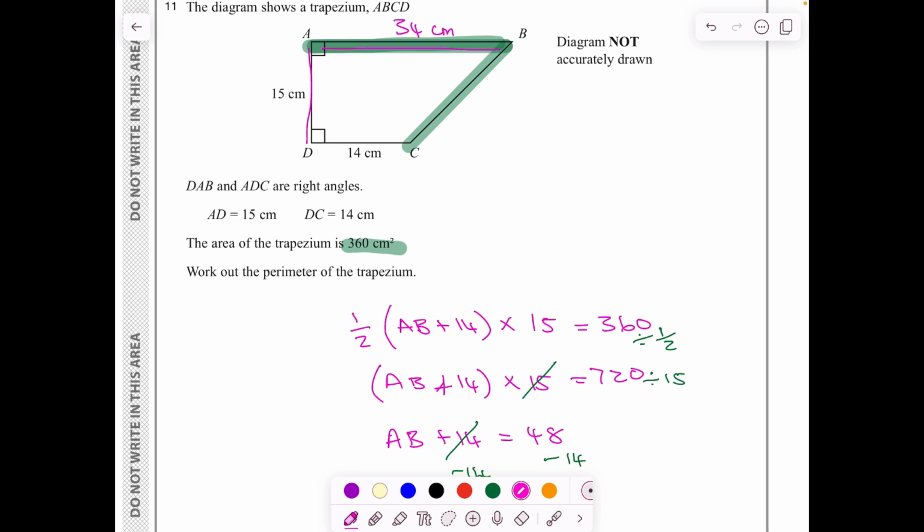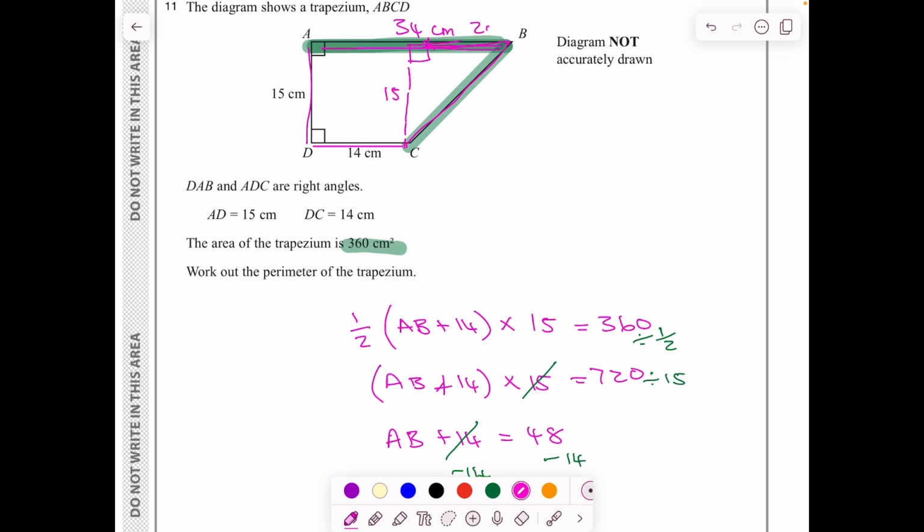But I now need to find the diagonal, so I'm going to make it into a triangle. And I can use Pythagoras because this is a right angled triangle, upside down, but it's still a right angled triangle. This is 15. Along here, I know that the whole way across is 34, but up until this point is 14.